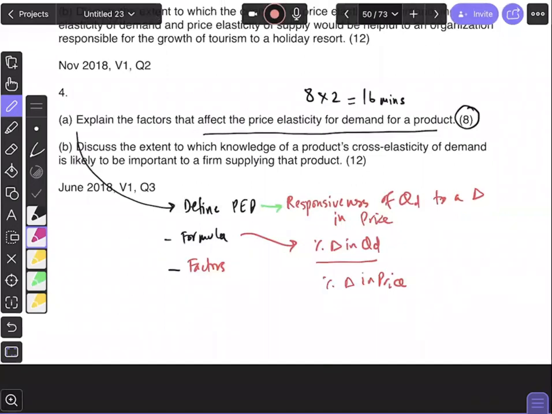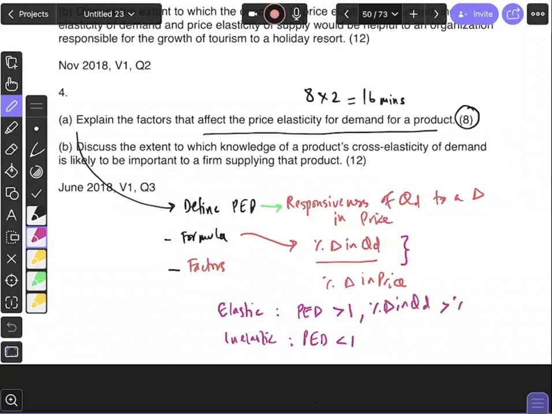The next thing, after mentioning the formula, is to talk about what we mean by elastic versus inelastic. Elastic basically means your PED, price elasticity of demand, is greater than 1, and inelastic means your PED is less than 1. Elastic means the percentage change in quantity demanded is more than the percentage change in price, so quantity demanded is more responsive to a change in price.